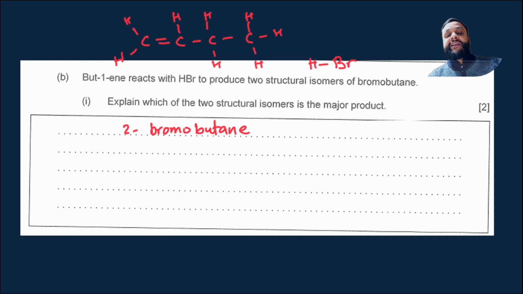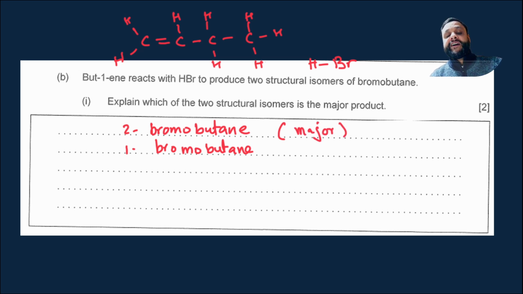And if Br goes where there are more hydrogens, then our product will be 1-bromobutane. 2-bromobutane will be the major product.